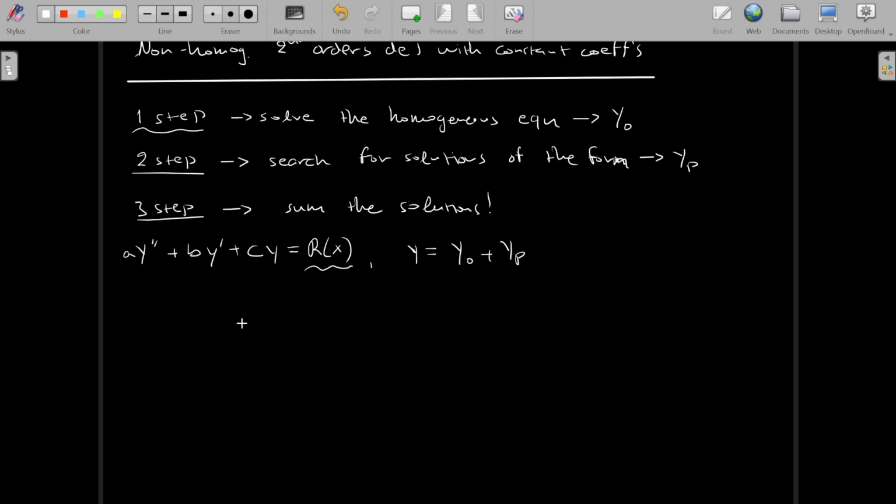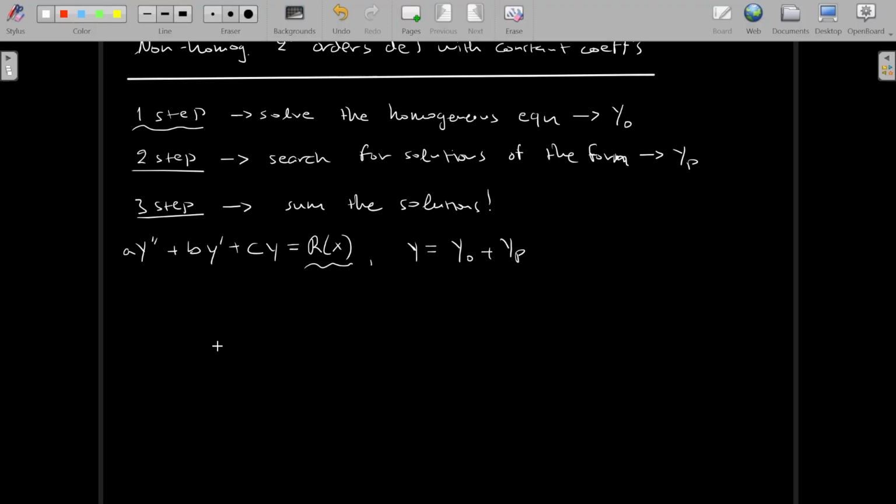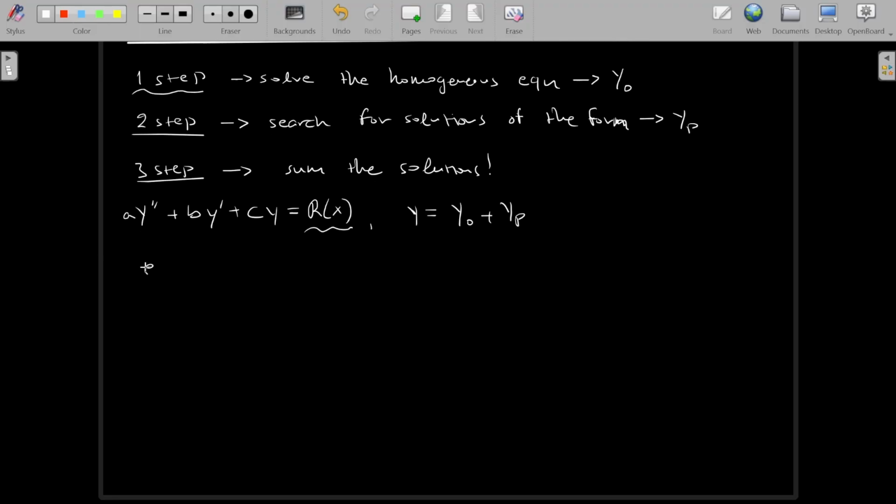If it's a linear combination of sines and cosines, then we search for a linear combination of sines and cosines of the same argument. If it's exponential times polynomial, then we're searching for the same types of arguments, and so on and so forth. It's pretty simple, really, and we're going to examine this through examples one by one.